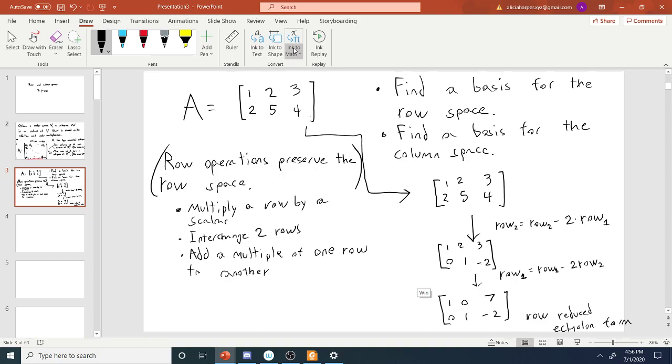So in particular, the first row and the second row are linearly independent. There's no way you can use the 0 here, or the 1 here, or the -2 here to cancel out the 1 here. Thus, here's what we conclude.